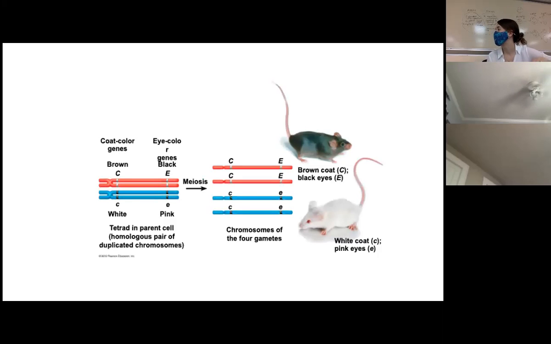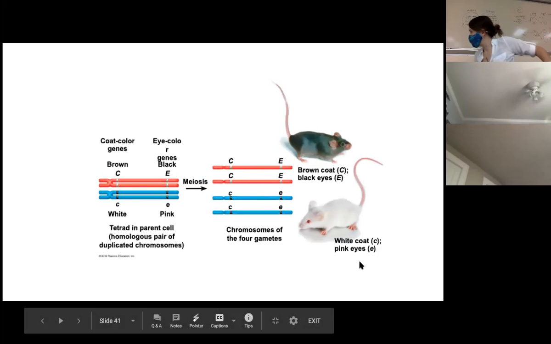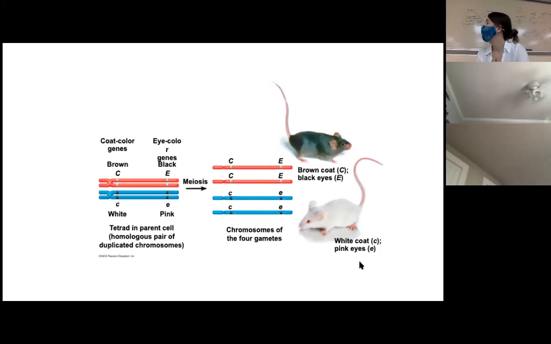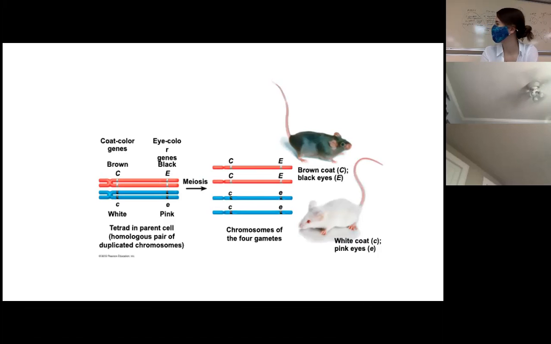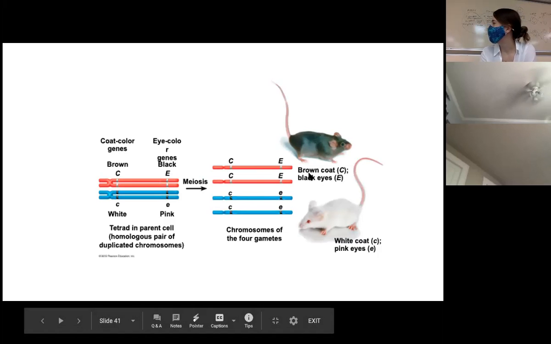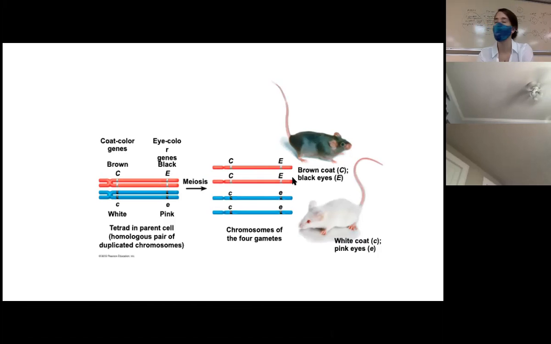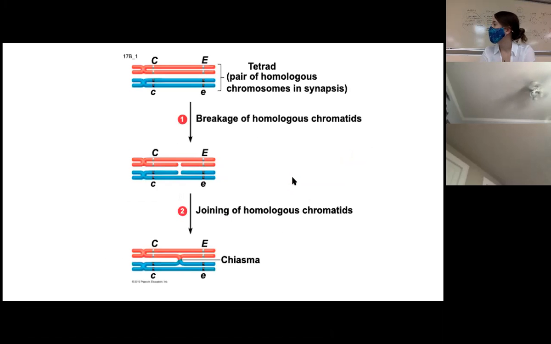All right, so say you have these 2 parents. You have these homologous chromosomes, these homologous chromosomes. And depending on what combination you get, you can look like a black mouse or a white mouse. Not only do I have the color of fur on this gene, on this chromosome, I also have eye color on here too. When I do crossing over, I cut pieces of that DNA and I swap them.